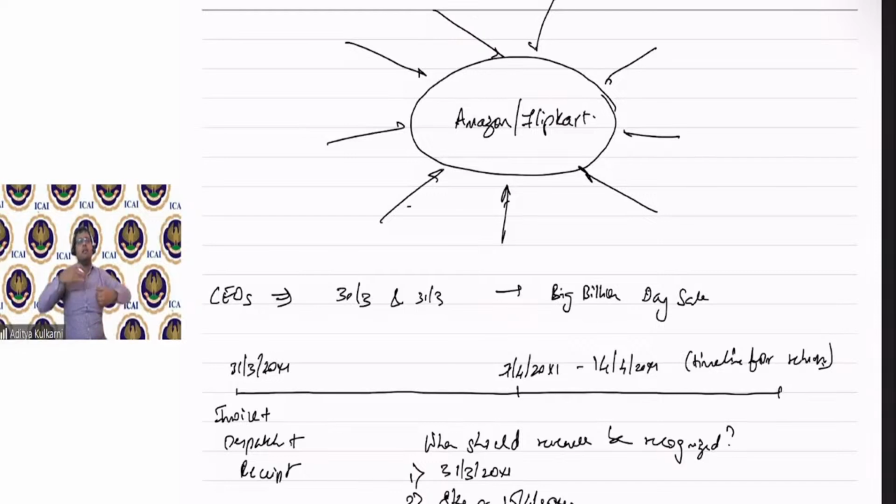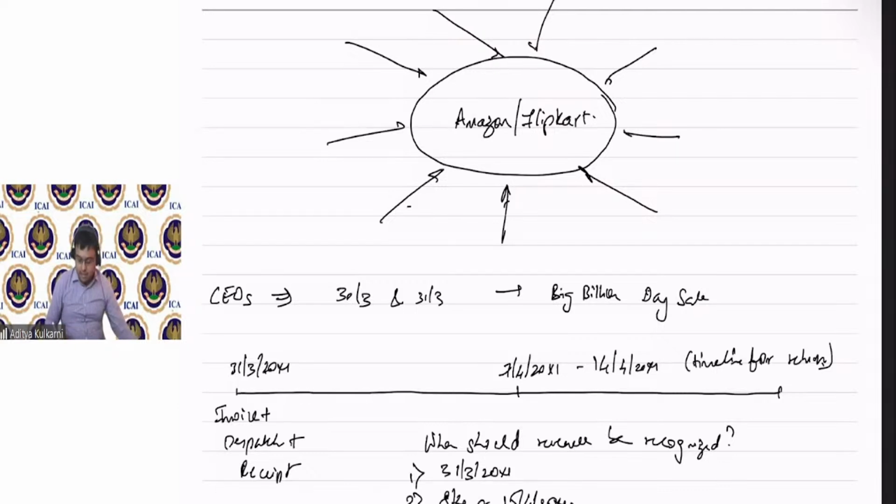Until then, there could be an obligation to refund what has been received by the customers. So some of you are saying that, sir, we will book the sale on 8th April or 15th April as the case may be. This is the second opinion.